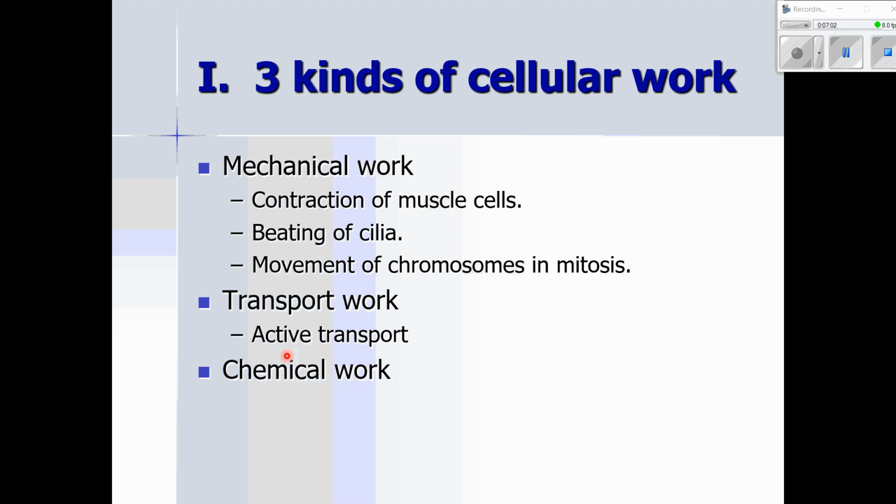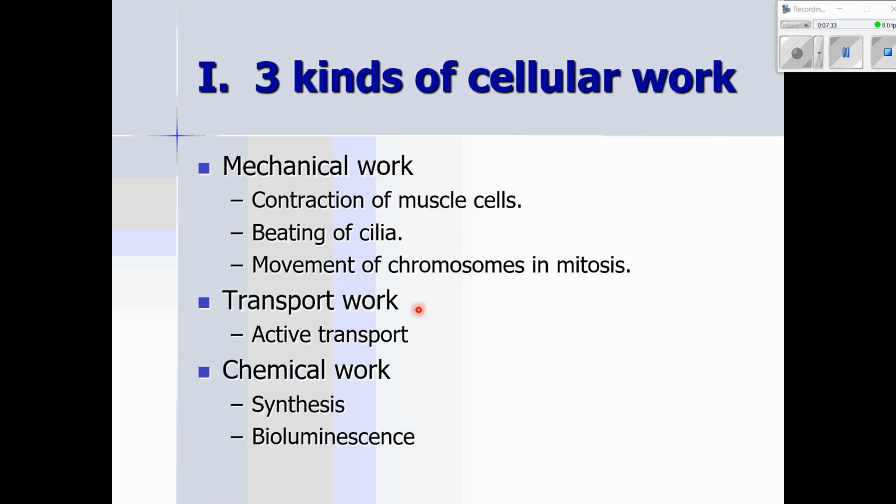So we talked about the sodium-potassium pump recently, which uses ATP to push sodium ions to the outside of a neuron and at the same time push potassium ions to the inside of the neuron cytoplasm. That takes energy. That's active transport. Endocytosis, exocytosis also would be types of transport that do require ATP.